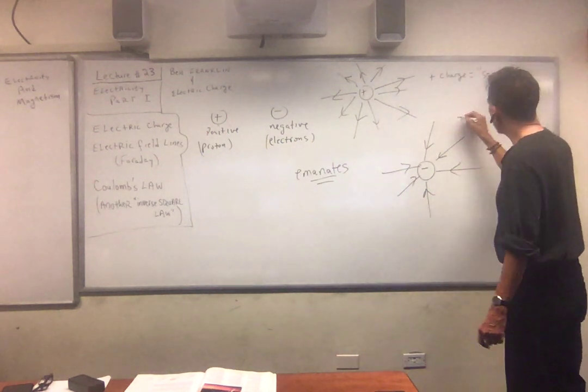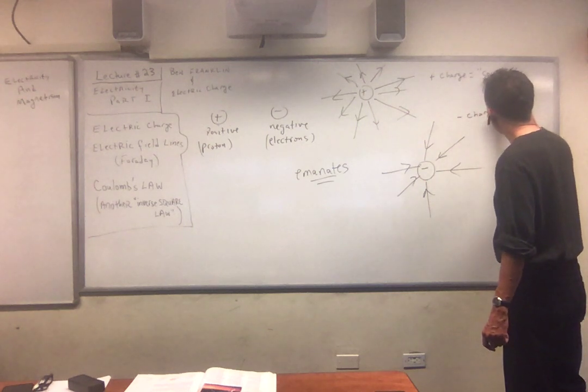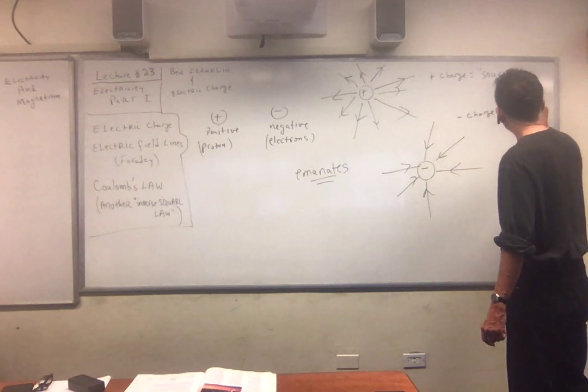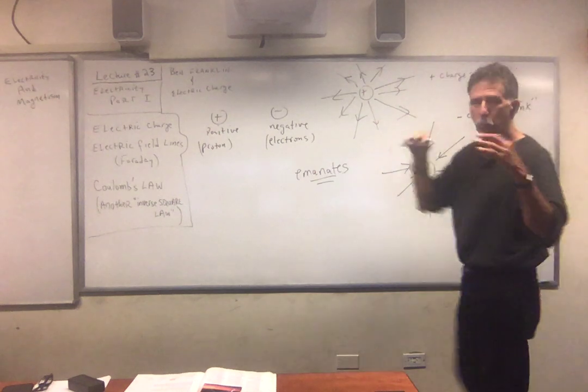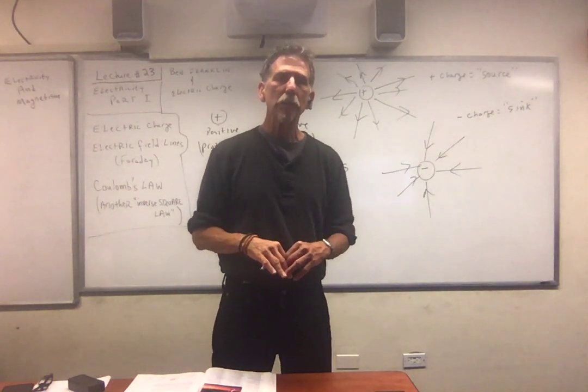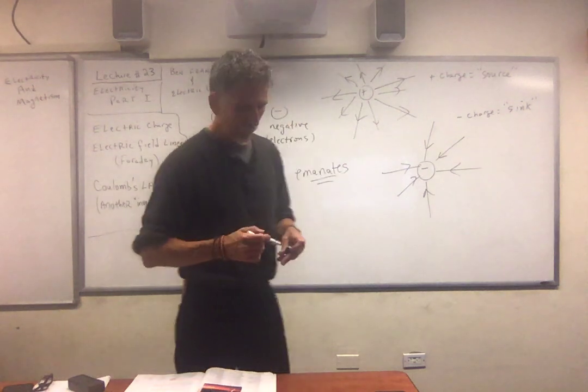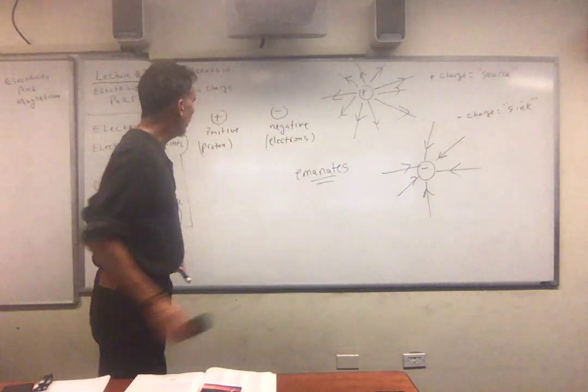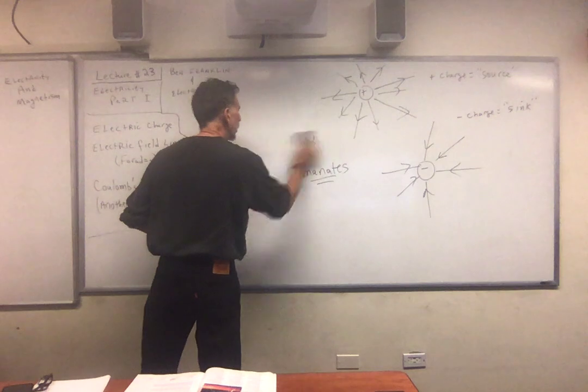Here, we would say the negative charge is a sink. Just like water, just like a fluid. It's a sink. The field lines go into a negative and out of a positive. So let's use these pictures and draw what we imagine happens.